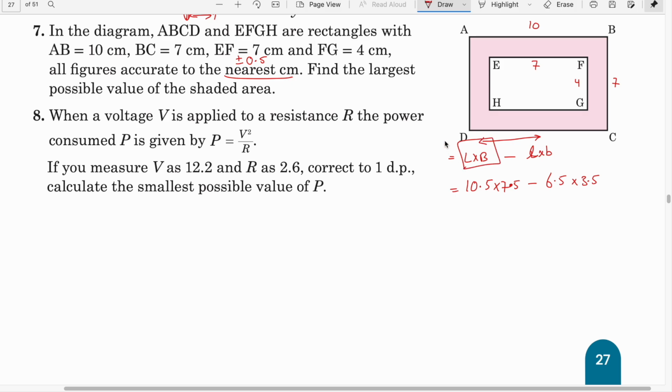So I need the first value to be more and the second value to be less in order to create a larger difference. 10.5 into 7.5 minus 6.5 into 3.5 gives me 56 centimeter square. So this is the largest possible area for the shaded region.